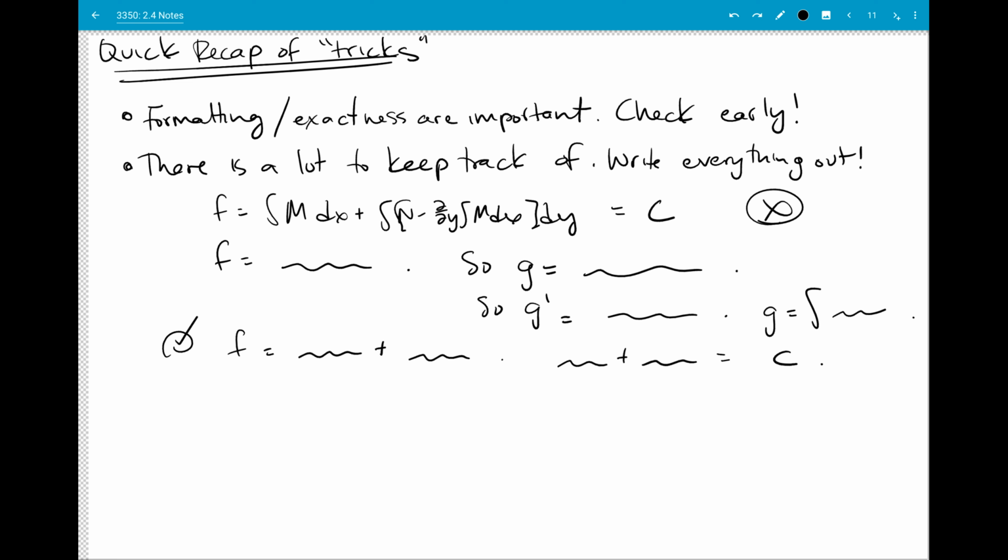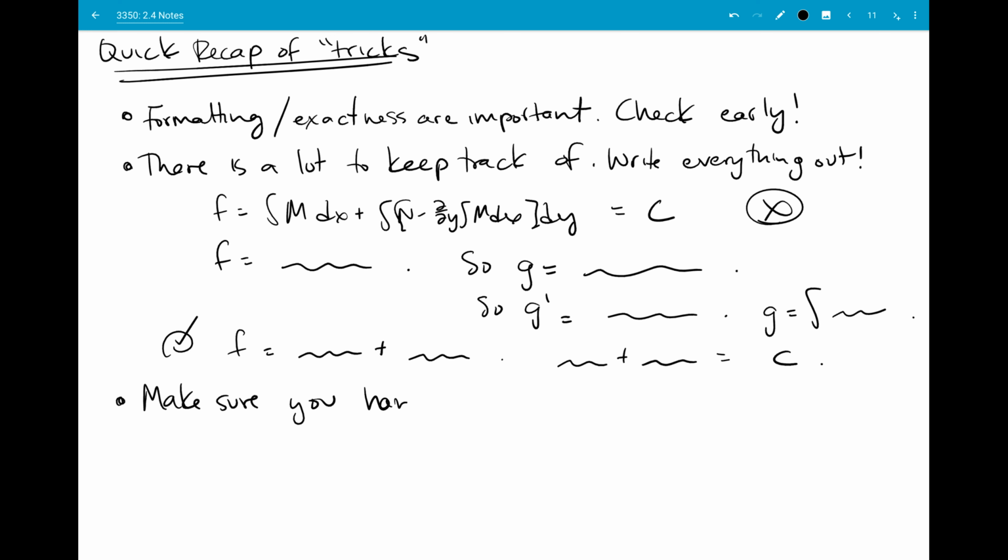And then in the second example, I said the tricky thing is to make sure you have only one unknown constant. There's going to be a temptation to be careless about this.